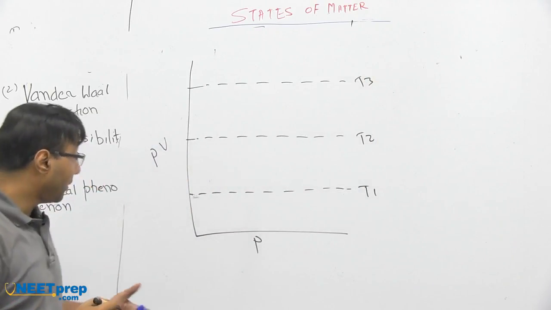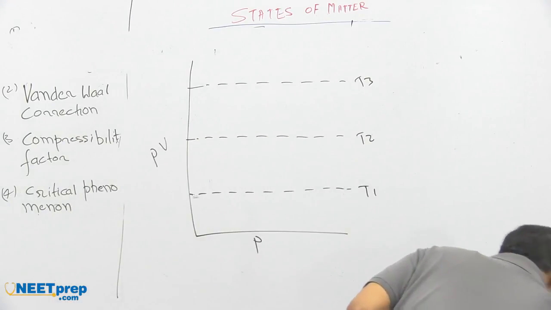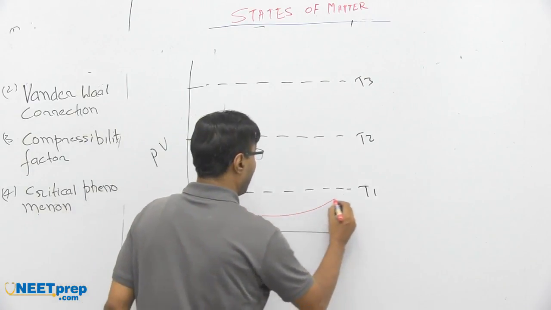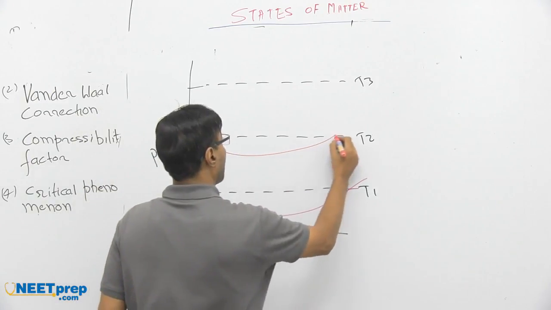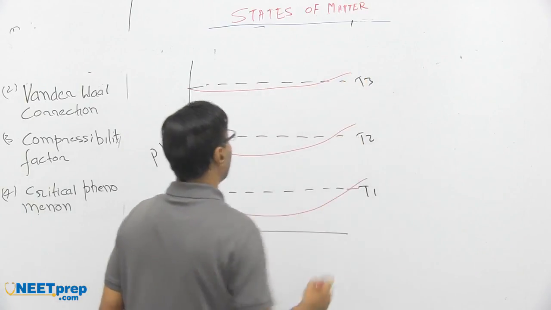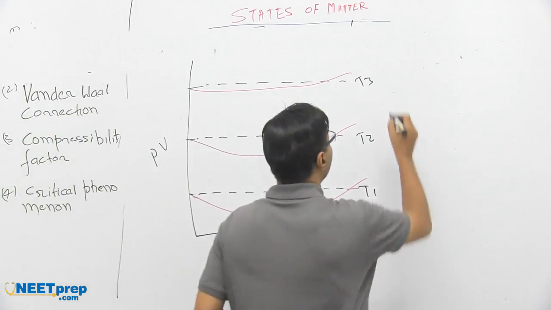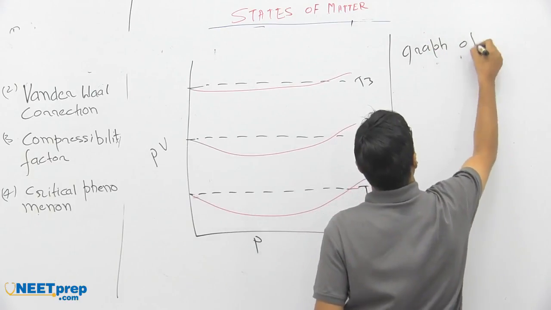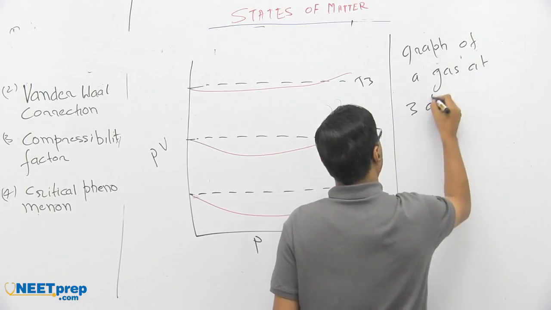And for them the pattern of the graph is: this is the graph of a gas at three different temperatures.